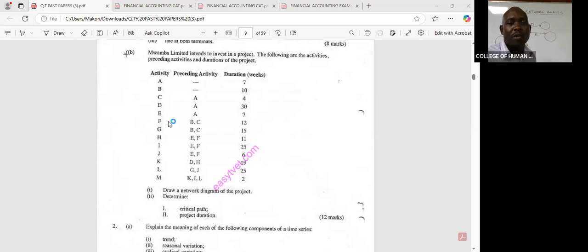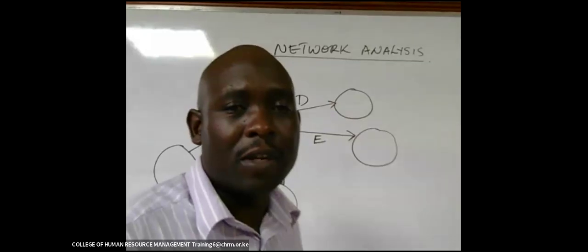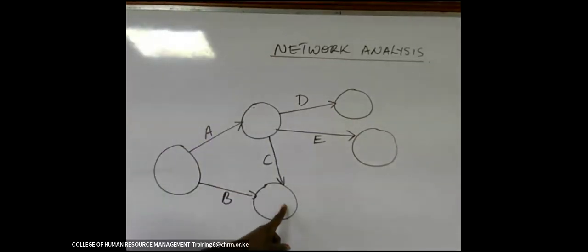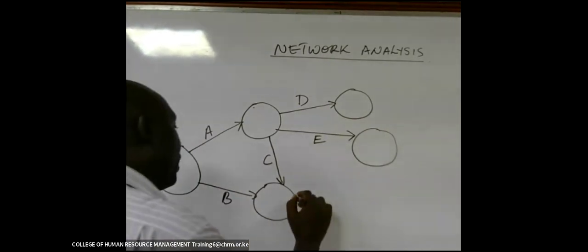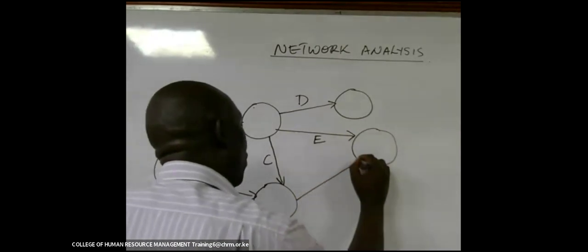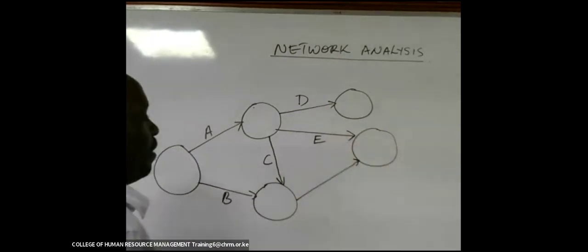Therefore, F will start after B and C have been completed, and it will go and combine with E. It will go and meet where E has come to an end. So this is how we are going to draw it. B and C were completed here. Once they have been completed, activity F will start, which will go and meet activity E.